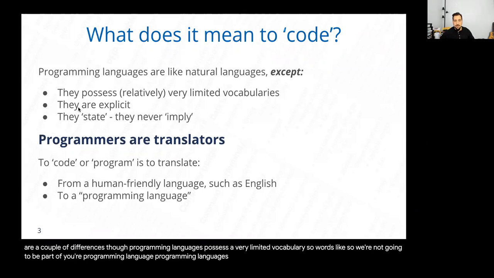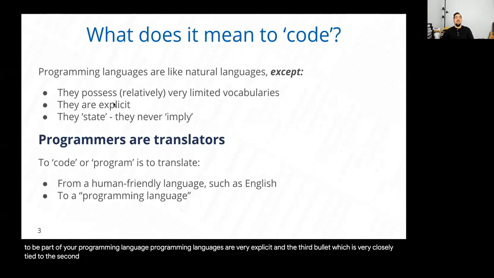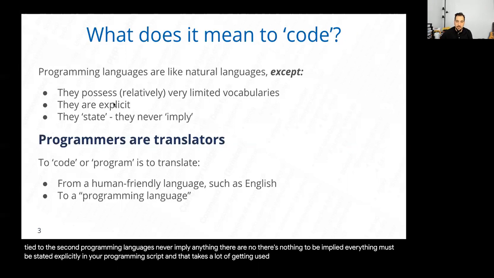Programming languages are very explicit, and the third bullet, which is very closely tied to the second, programming languages never imply anything. There's nothing to be implied. Everything must be stated explicitly in your programming script. And that takes a lot of getting used to when you're starting out.